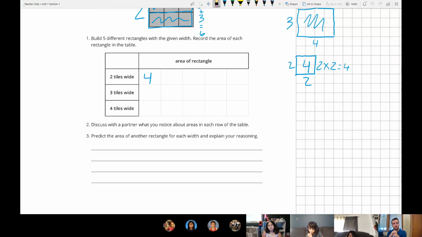Okay, 30 more seconds. Try to have a couple down for each. I want to know the area of them as well.